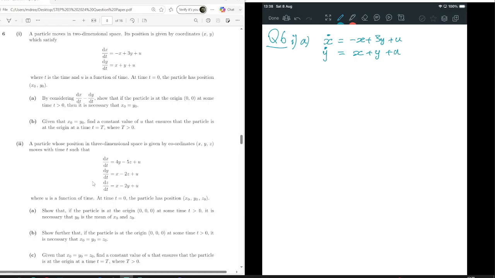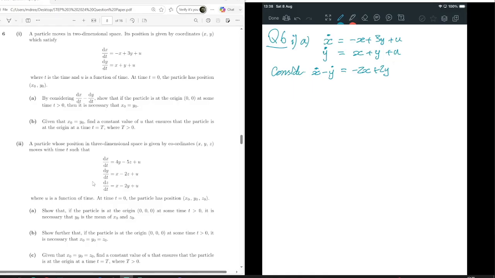And the question told us to consider x dot minus y dot. So I'm going to subtract these two things. And you can kind of see the whole point of this actually is to get rid of this u thing at the end. It's going to be minus 2x plus 2y.